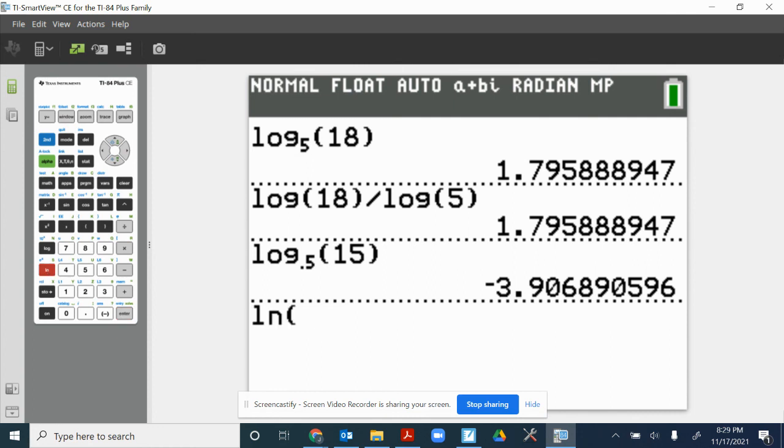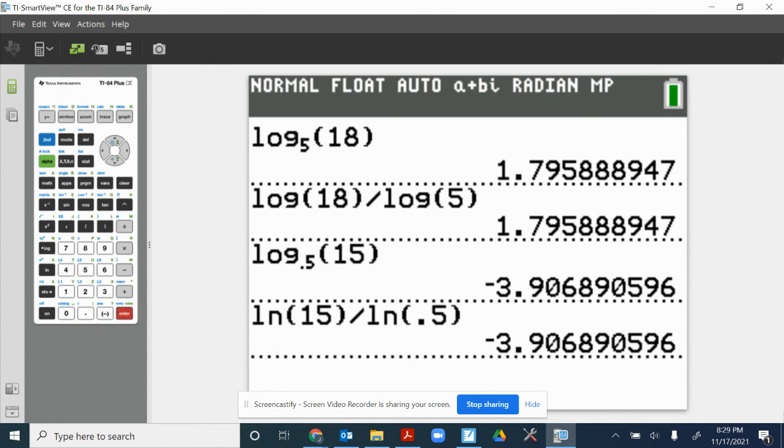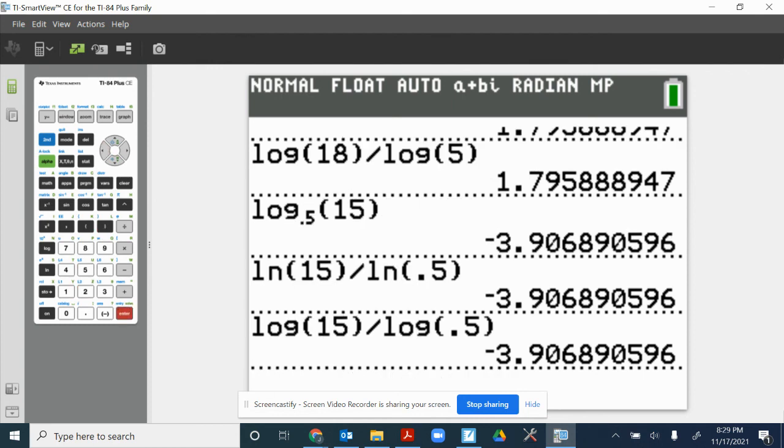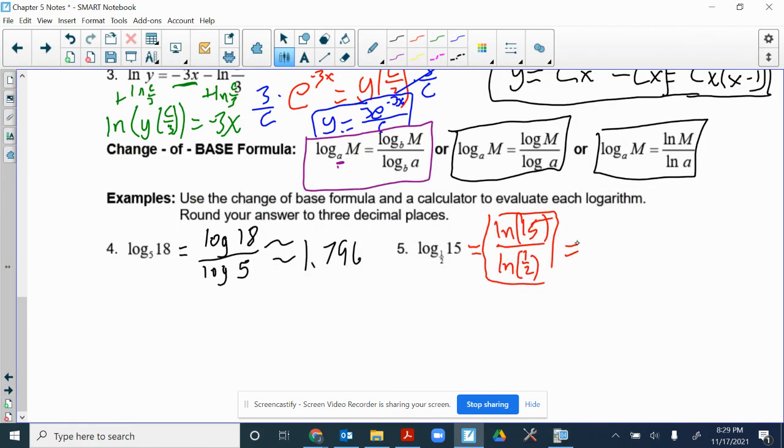I can say natural log of 15 divided by natural log of 0.5 or 1/2. And hey, I get the same number. Or again, if you just want to use log, you can totally use log. All of them give us the exact same answer as long as you put in the right numbers. You can see all 3 times we get -3.907.